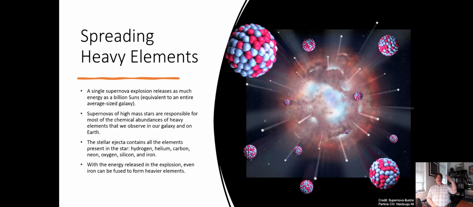Everything else, carbon, iron, uranium, gold, all of these elements were formed either through material being blown off of a low mass star forming a white dwarf, or in the cores of high mass stars as they go through nuclear burning, and then ultimately get blown off.